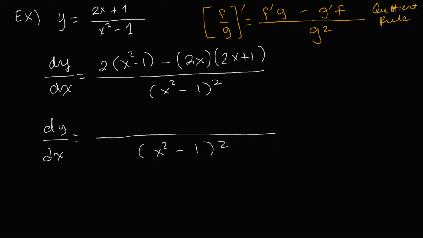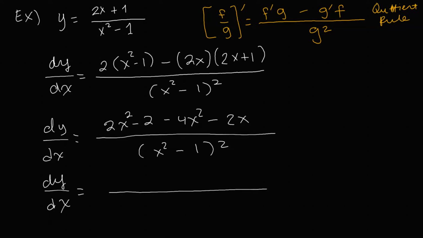Distribute, I have negative 4x squared minus 2x. So on the numerator, I will have negative 3x squared minus 2x minus 2, and x squared minus 2 squared on the denominator.